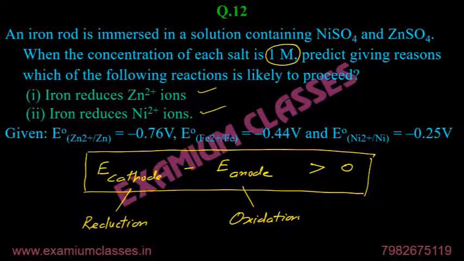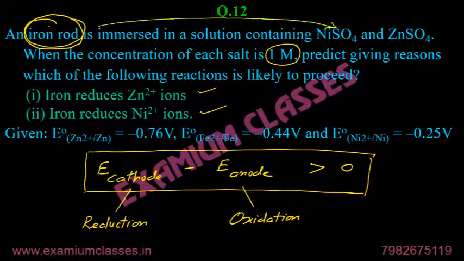Based on that, can you tell me whether the first one, iron reduces Zn2+, or iron reduces Ni2+, because in both cases the iron rod is being oxidized. So which one will be feasible, which one will not be feasible?